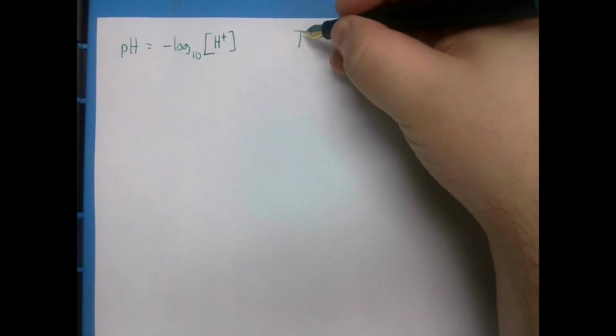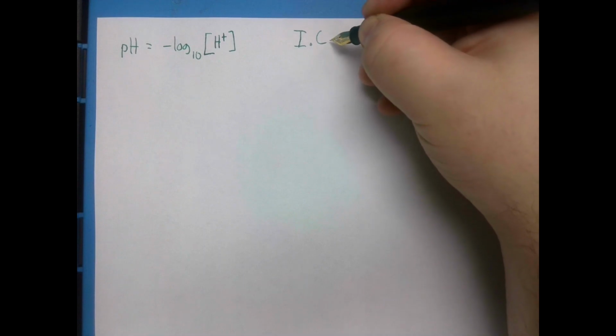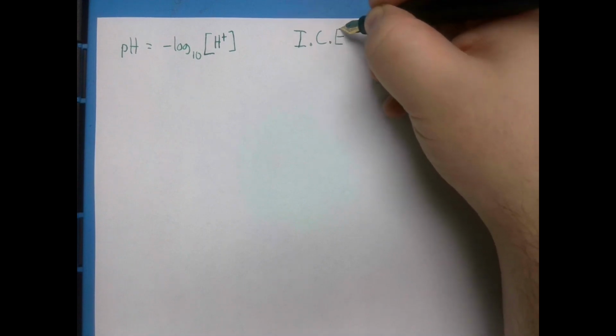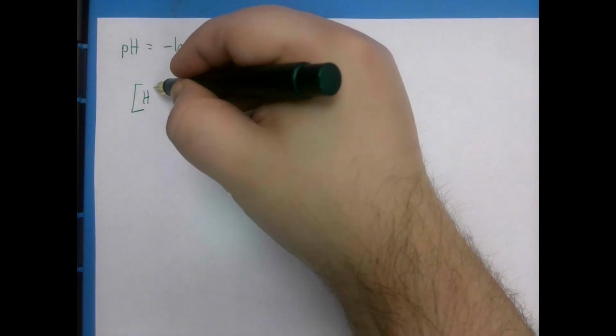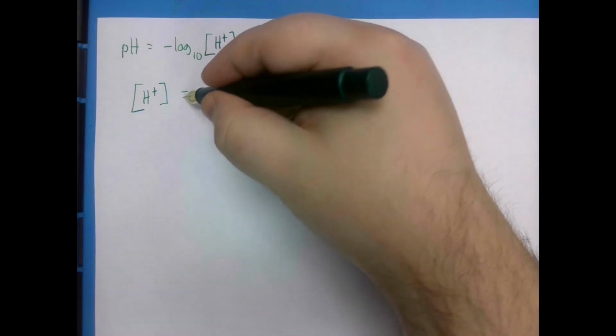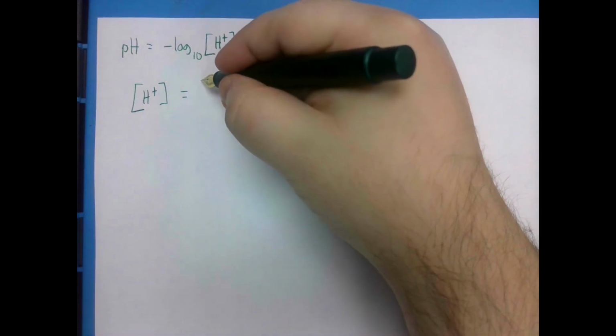I also showed you the ICE method for dealing with weak acids. So this notation is molarity, basically.